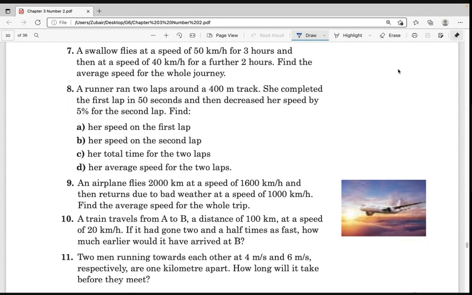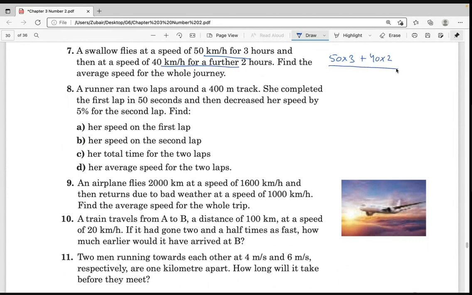A swallow flies at a speed of 50 kilometers per hour for 3 hours and then at a speed of 40 kilometers per hour for further 2 hours. Find the average speed of the whole journey. So it is total distance. I can see speed and time, so I have to multiply them. So first section is speed into time to get the distance plus second section speed into time to get the distance.